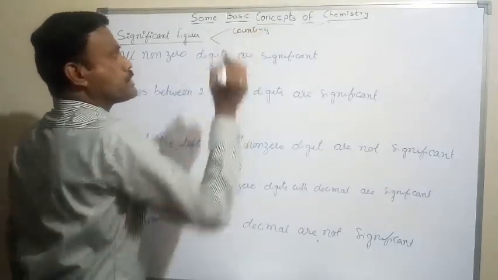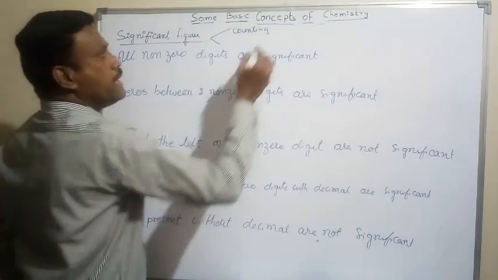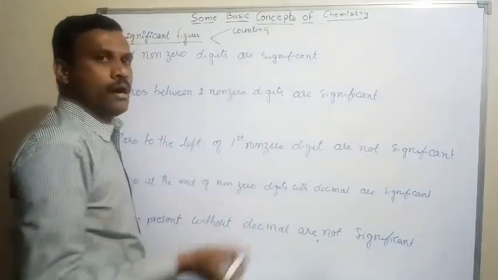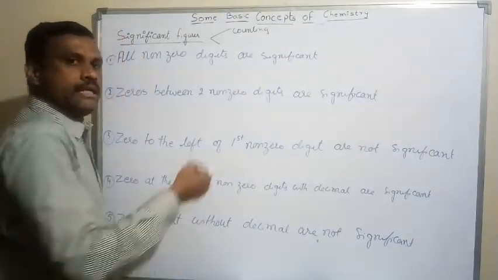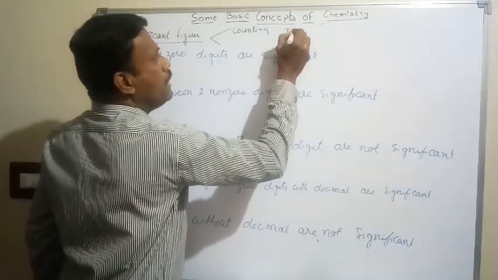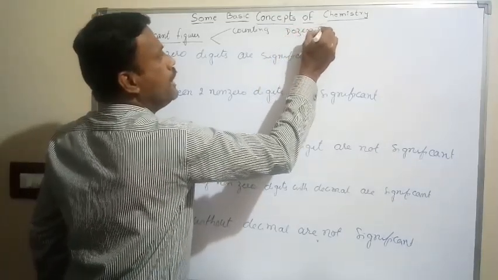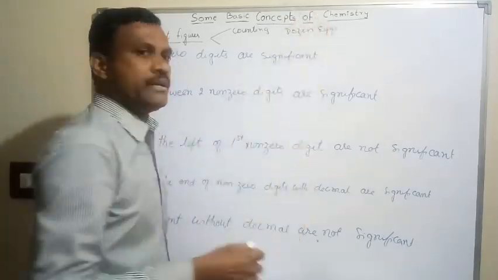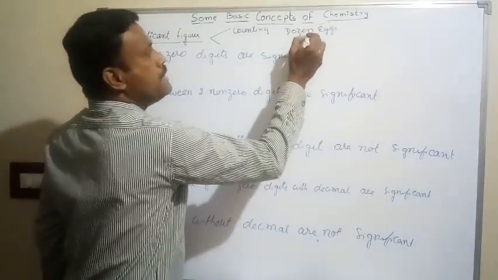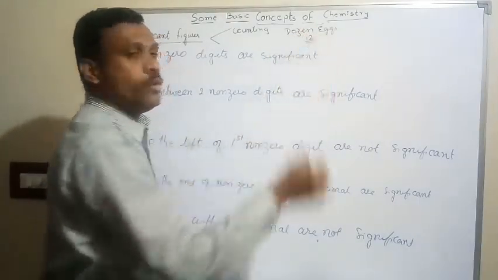counting the numbers. For example, if you go to a shop and ask for a dozen eggs, dozen means exactly 12.